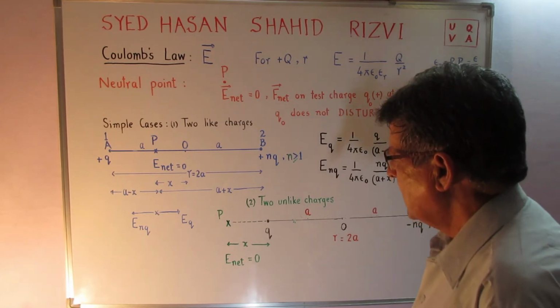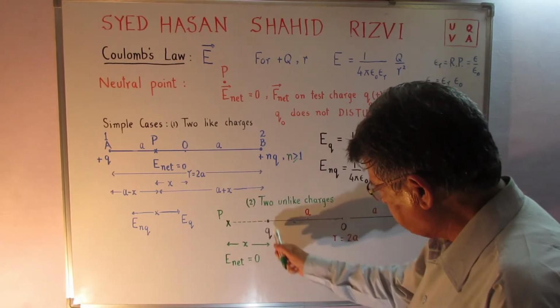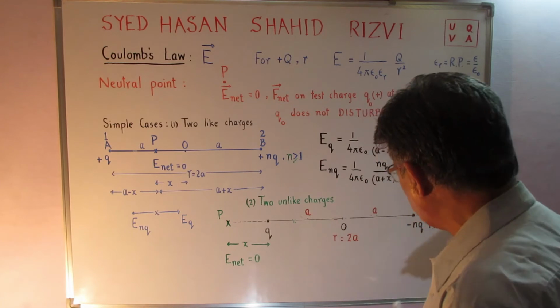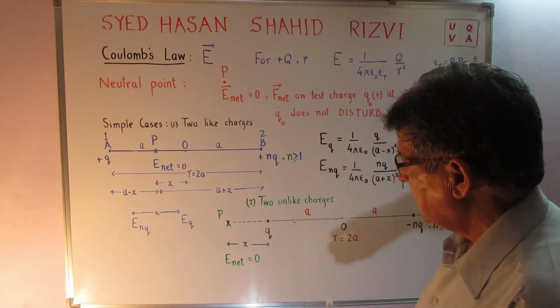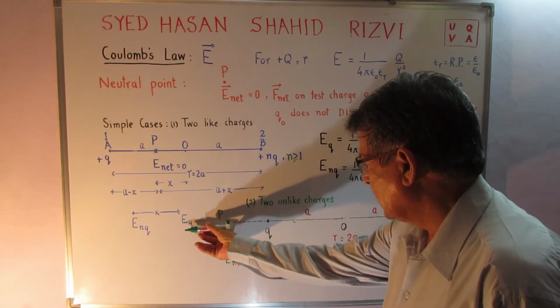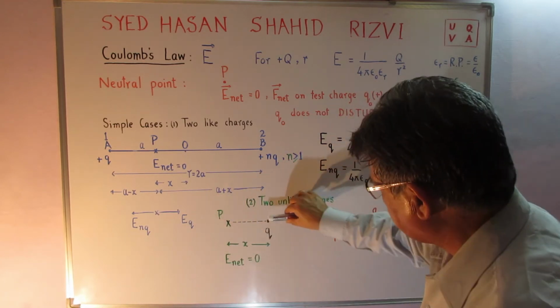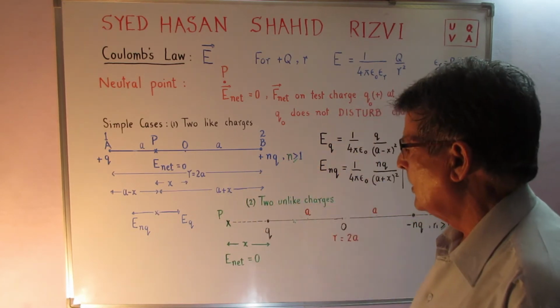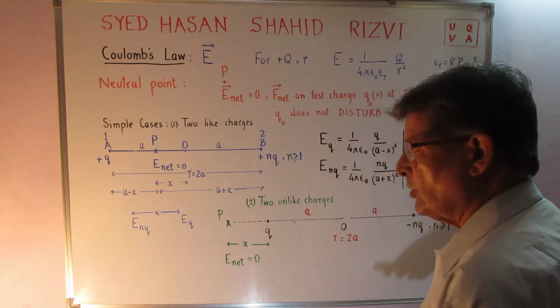But for example, if I have a point here on this side, because Q is smaller in magnitude compared to NQ, the field due to this will be something like this, and the field due to this will be something like this, because the distance is more.